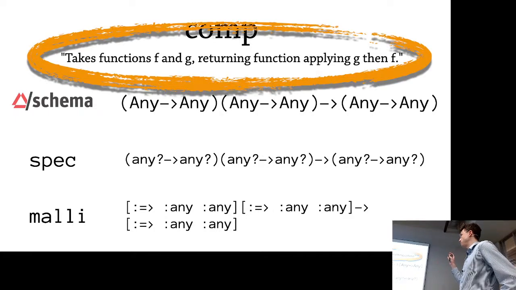And comparing to the informal spec that says returns a function that applies G then F, there's no hope that the computer is going to tell us whether my implementation of comp applies G then F, or if yours does, or F then G, or forgets the G or an F. This is just anything goes, except for some very basic invariants.